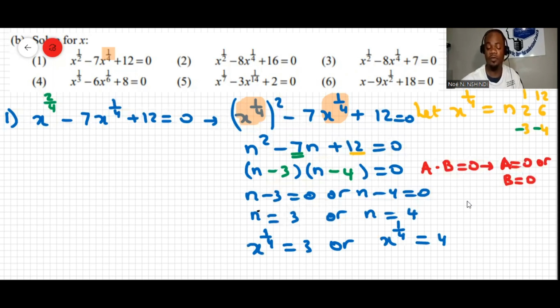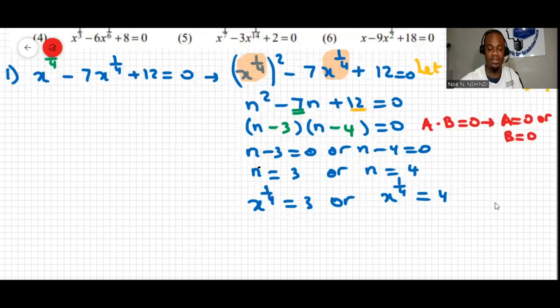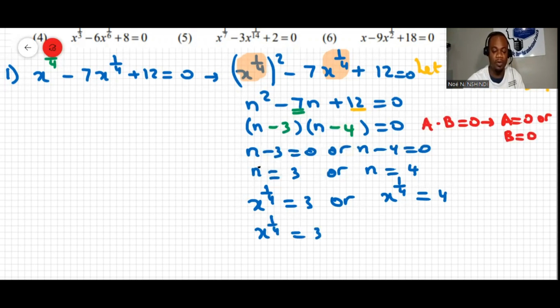To get the value of x, I'm going to write x to the power of a quarter equals 3, and I must raise this part to the power of 4, and then the other side also to the power of 4. Why the power of 4? Because it cancels the quarter there. Then I'll have x equal to 3 to the power of 4, which is 81. Same thing I'll do on the other side.